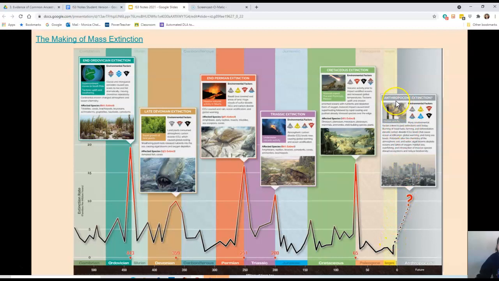They're saying that this could be, it is not for sure, this is just a theory, the Anthropocene extinction, and this is definitely brought on by human activity. Humans killing for poaching purposes, for overhunting purposes.